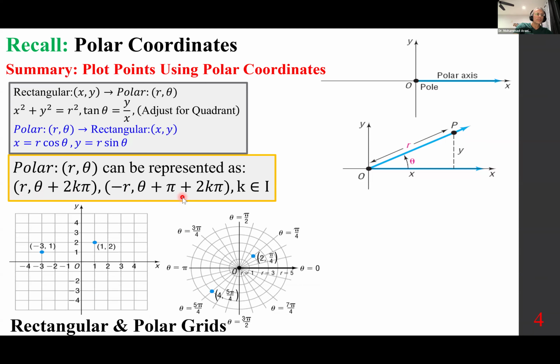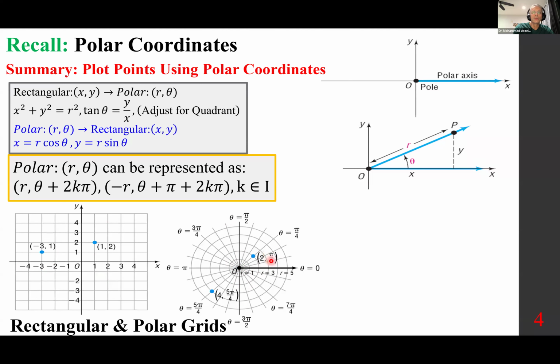These are just rectangular and polar grids. In the case of rectangular, it's very clear: (1, 2) is 1 to the right, 2 up; (negative 3, 1) is 3 to the left, 1 up. In the case of a polar grid, we have concentric circles, radius 1, radius 2, radius 3, 4, 5, and so forth.